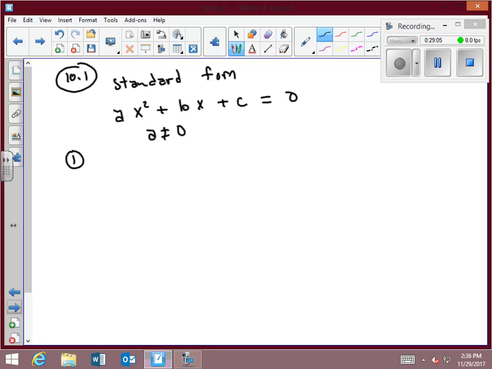Well, what would happen if A were equal to 0? What would happen to the first term, ax squared? Would it still exist? Then what kind of an equation would you have? Would you have a quadratic? If ax squared wasn't there, what kind of an equation would you call that? What's left?